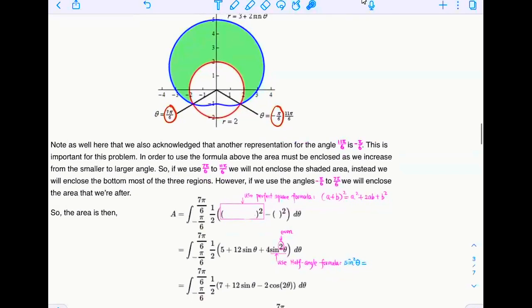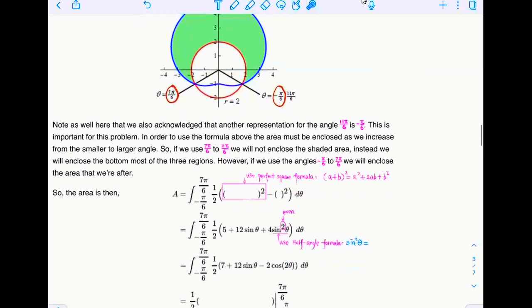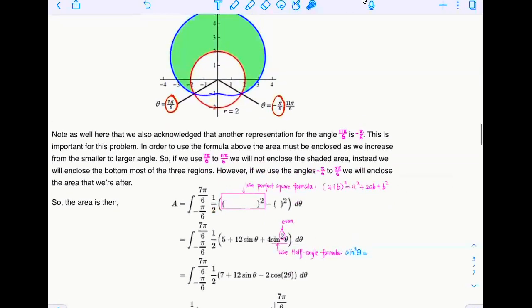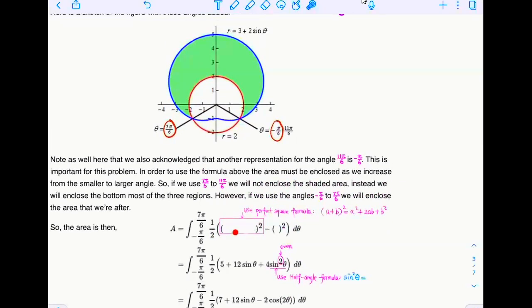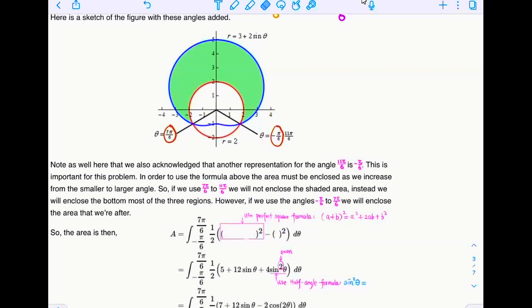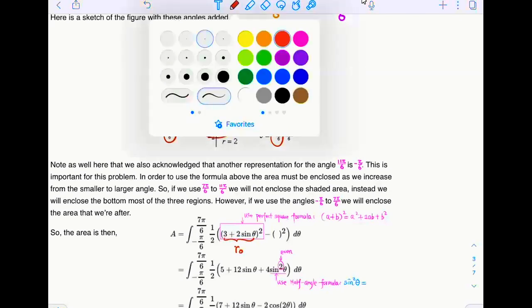Now after this, we're going to use the formula, right? 1/2 the outer radius squared. The outer radius is 3 plus 2 sine theta. So this is the outer r. The inner r, what's the inner r? 2.